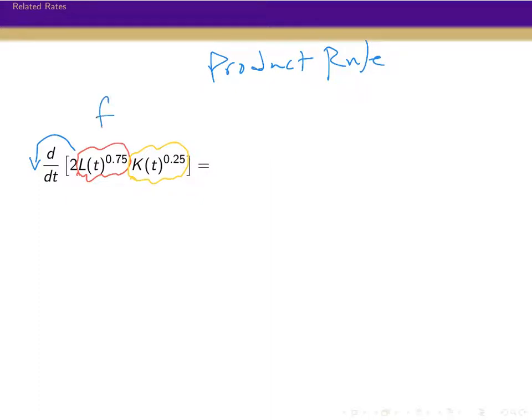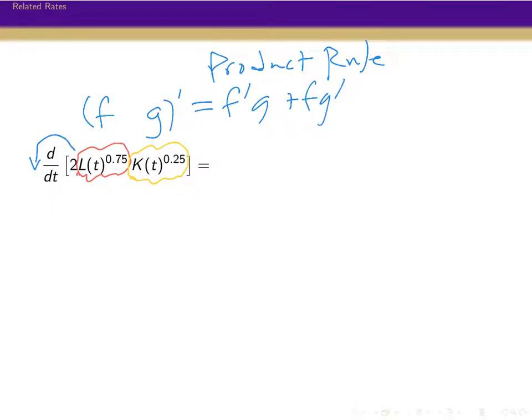Right, where we can think about this as being the L to the 0.75 being F and K to the 0.25 being G. And then when we take the derivative of that, that's going to be F prime G plus FG prime.